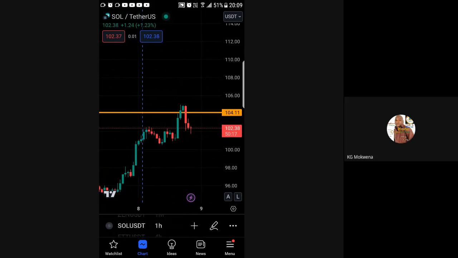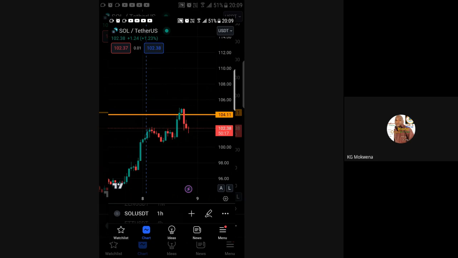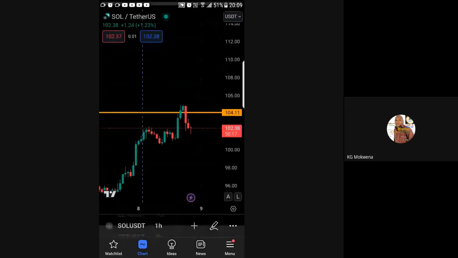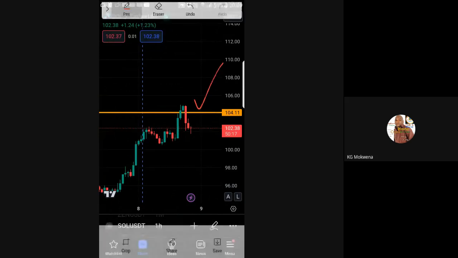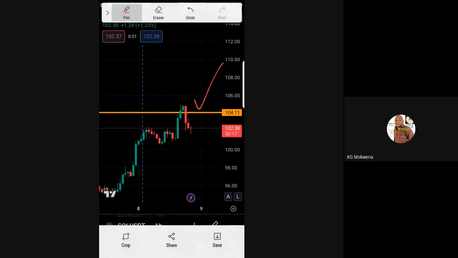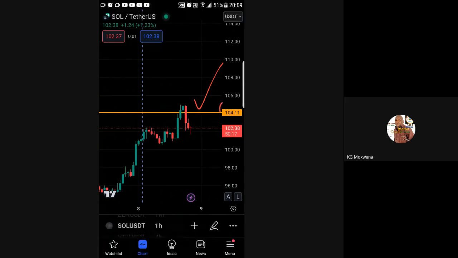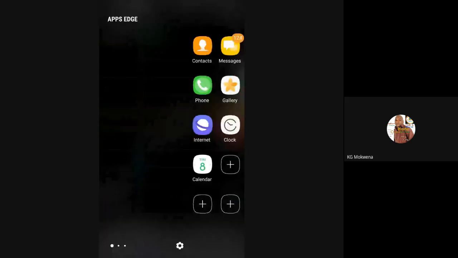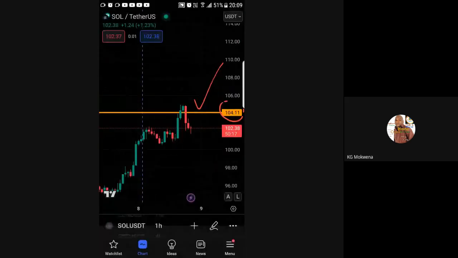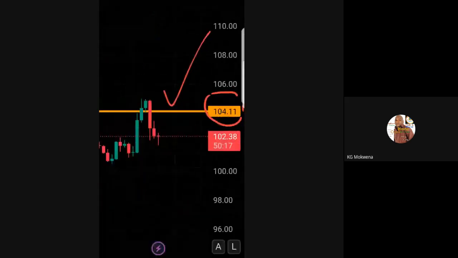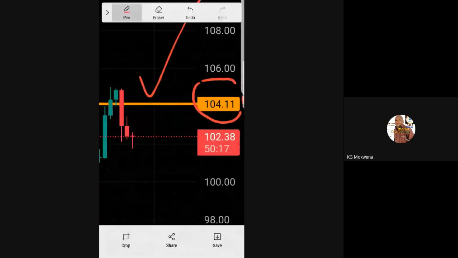So now Messi, what you can see here is that the yellow, or the orange line, sorry, is the average price. You see, you said it's 104.11. Yes, I can see. Thank you. So it means the current hour.